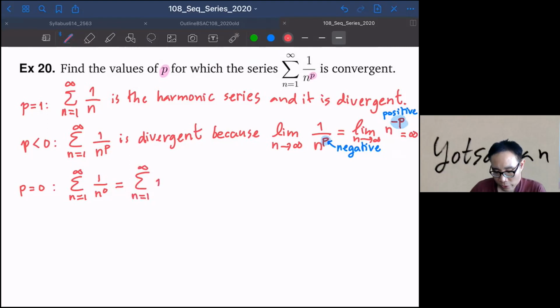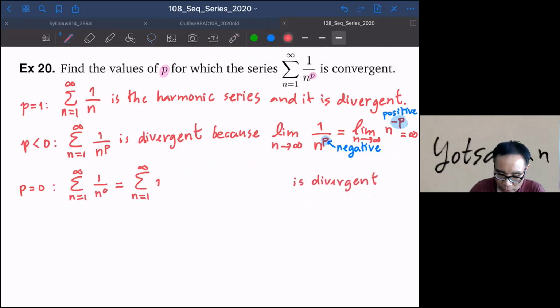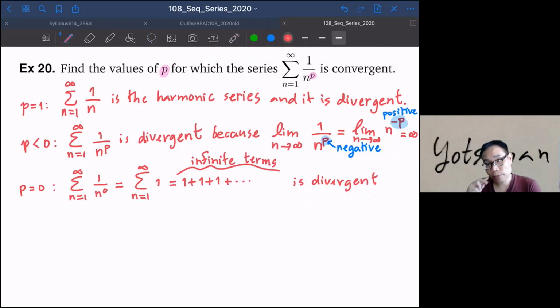This is divergent for sure, because it means you have 1 plus 1 plus 1 and so on, infinitely many terms. So it turned out to be divergent. So we have 3 cases already.